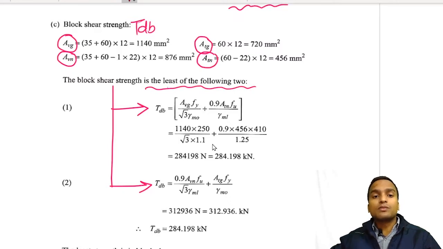These two formulas are already given in the codes, and we have discussed them. In the first formula we are considering yielding of the shear plane and rupture of the tension plane, whereas in the second formula we are considering rupture of the shear plane and yielding of the tension plane.